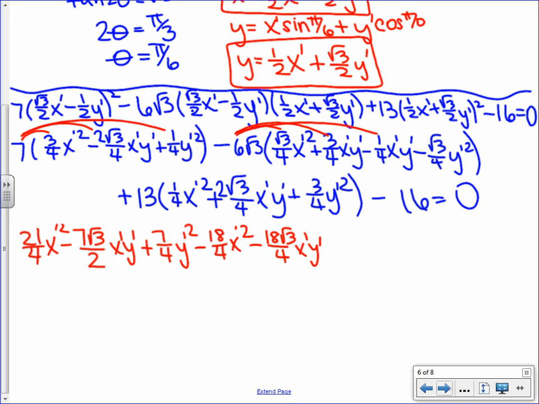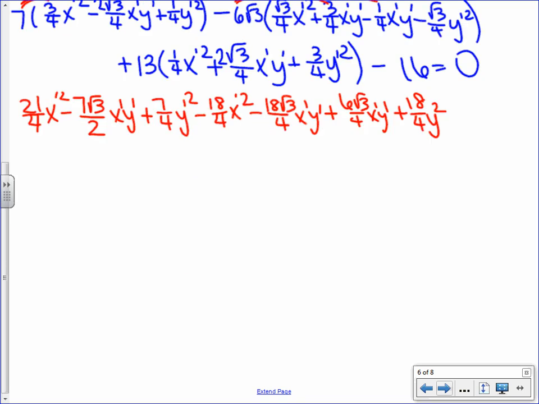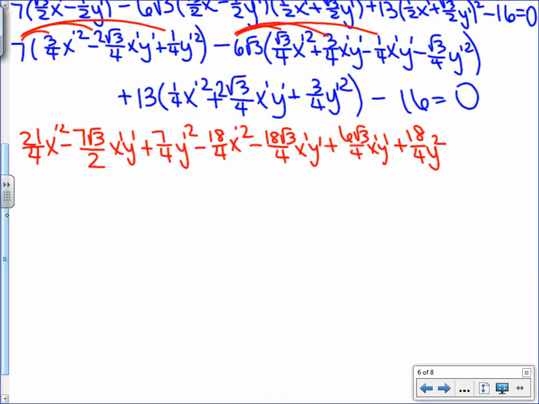What does this become? Plus 6 radical 3 over 4 xy. And then last, we have positive 18 fourths y squared. Almost there. I'm going to go to the next line again.